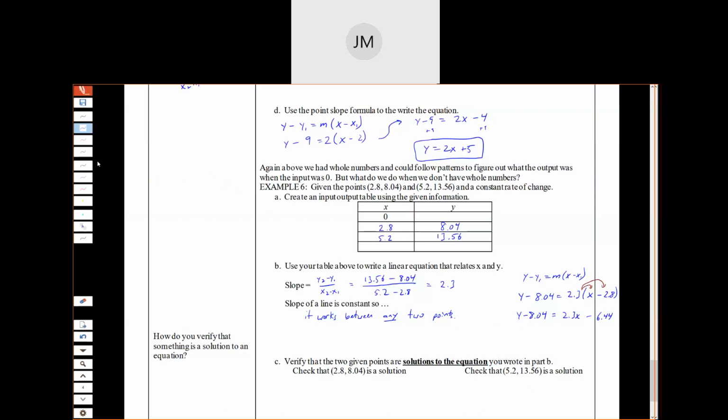Okay, and then as my last step in simplifying, I'm going to add the 8.04 to both sides. Okay, that gives me 1.6. Okay, so now I can see if x was 0, my y would just be 1.6. So that tells me that my y-intercept here is 1.6.